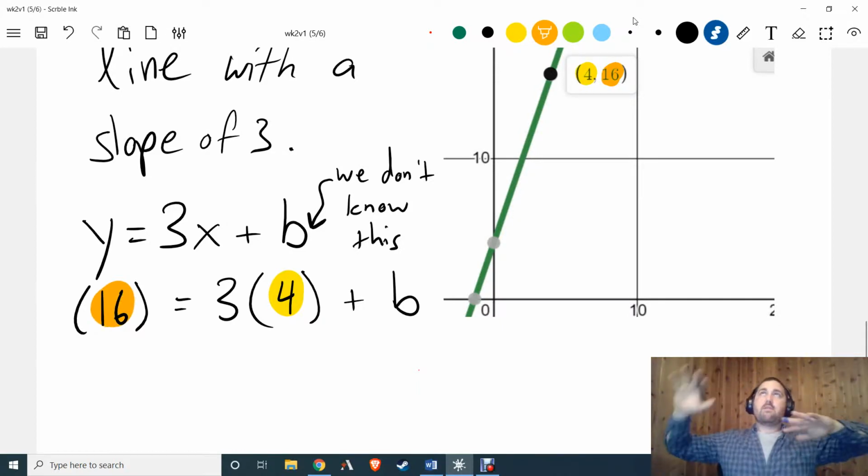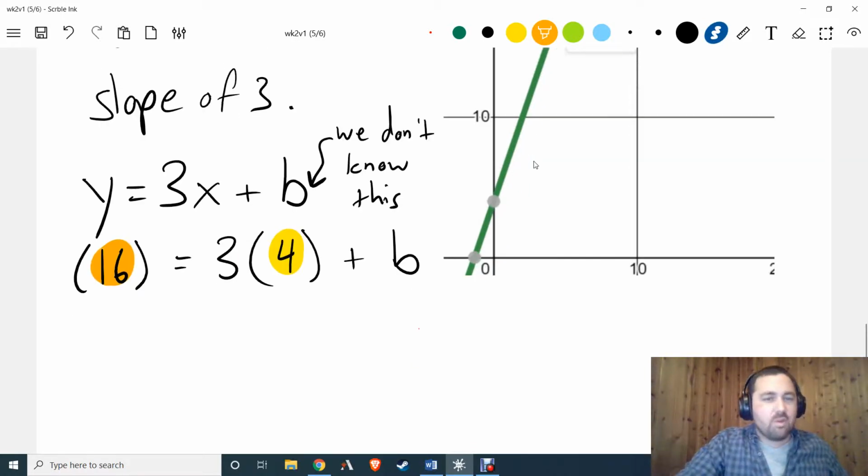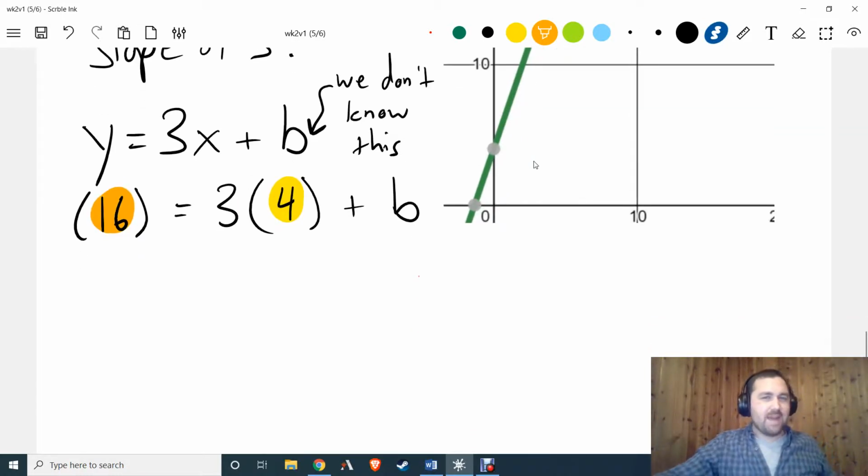Because the equation and the graph are the same thing, we can use kind of points in between them to move back and forth. Well, this is not actually that bad anymore, right? Like, this is just a normal equation with one variable over here, this b value, right? And all we're going to do is simplify and solve.